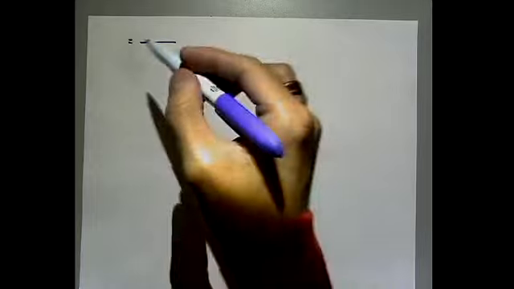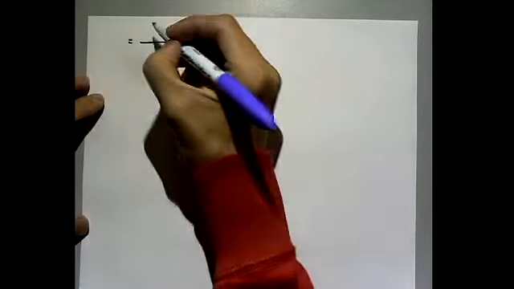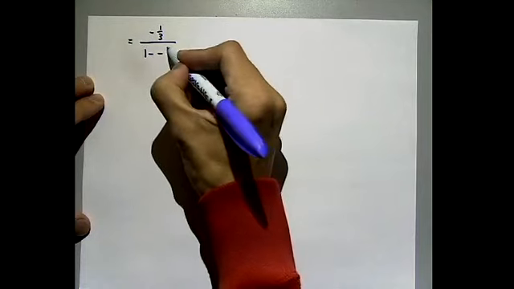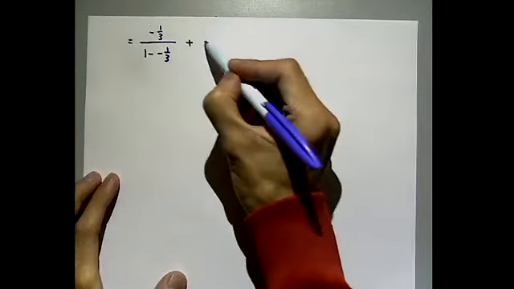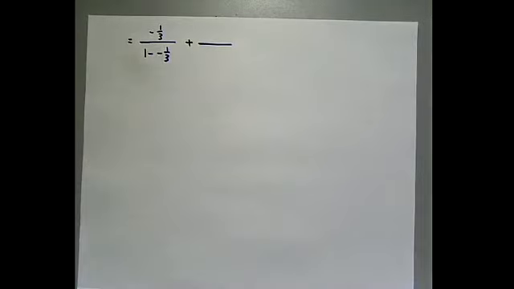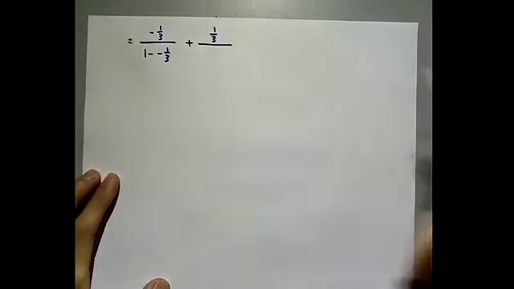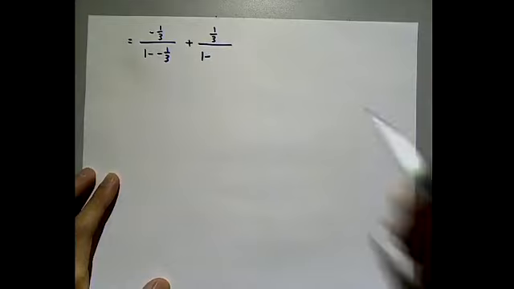Okay, so the first series has a being minus 1 over 3, and then the common ratio is minus 1 over 3. The second series has a equal to 1 over 3, and then the common ratio of 2/3.